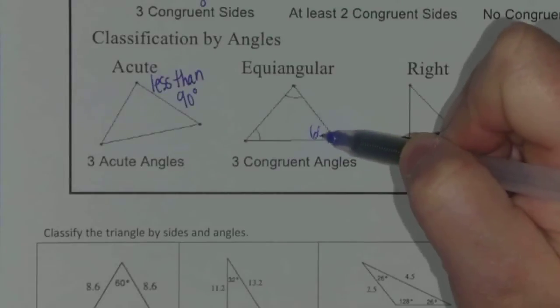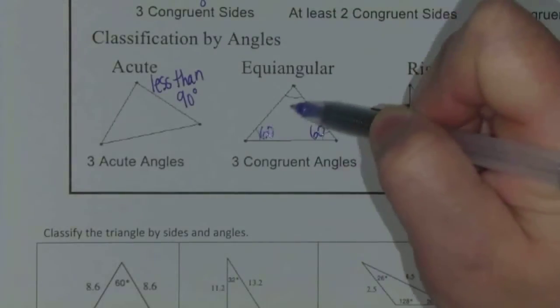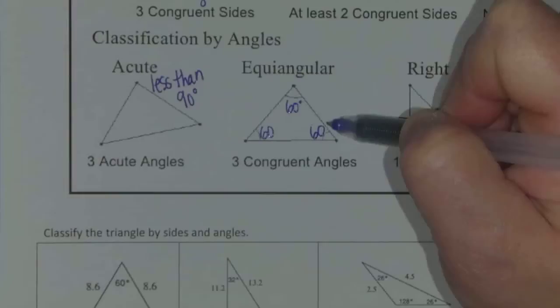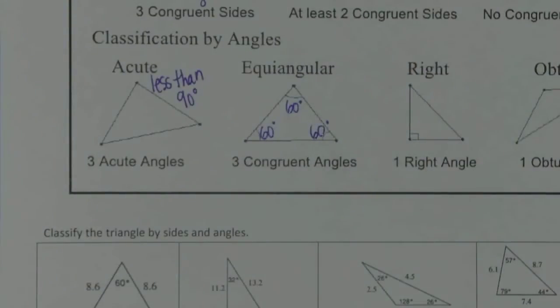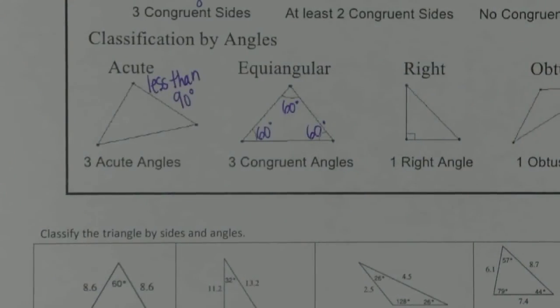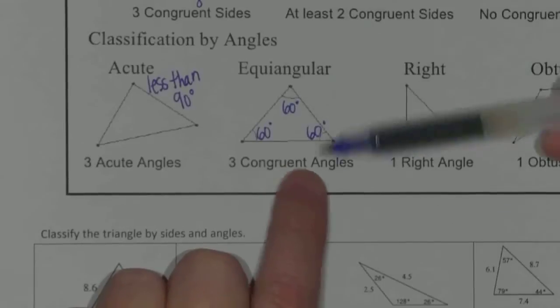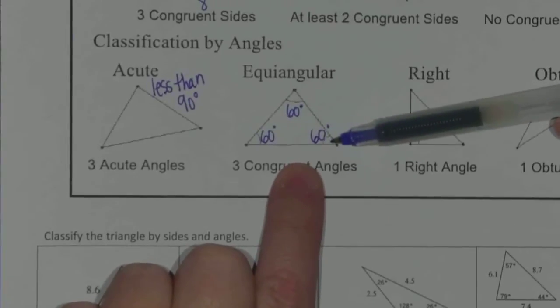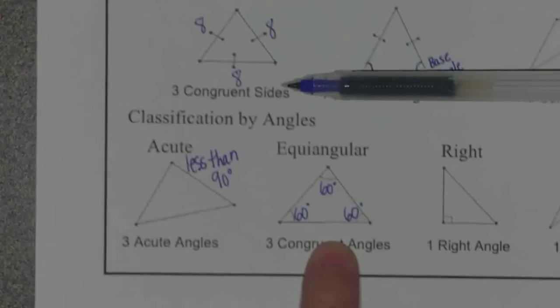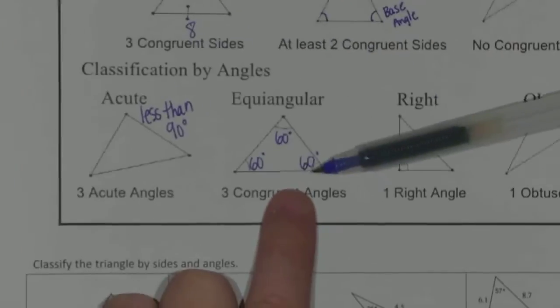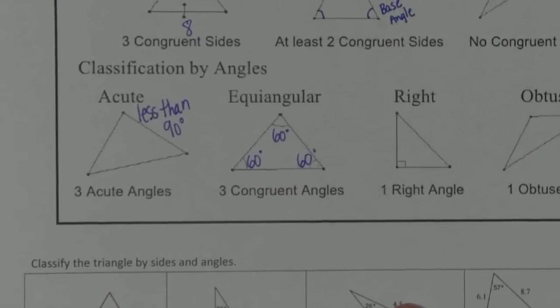Yep, you're right. 60 degrees, and 60 degrees. They add to 180, and they're equal to each other. That's an equiangular. And then, if it's equiangular, do you notice also that it's going to automatically be equilateral? So equiangular automatically becomes equilateral.